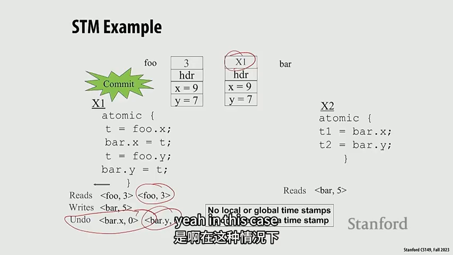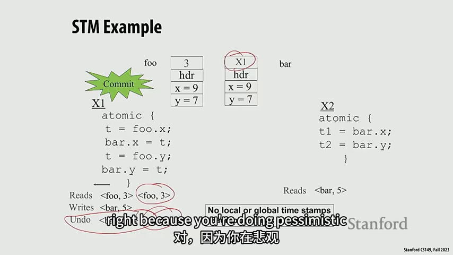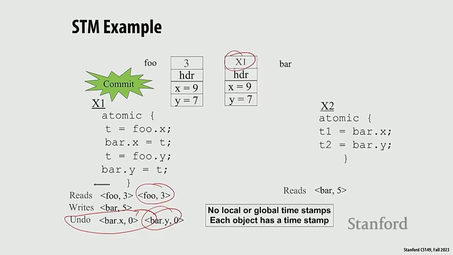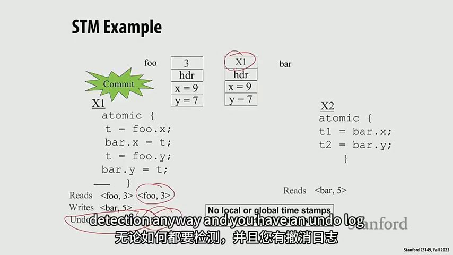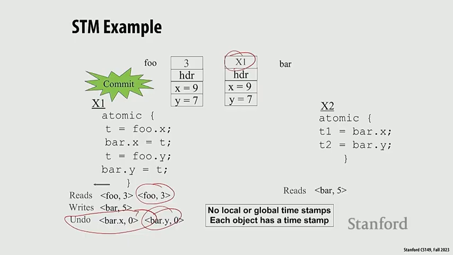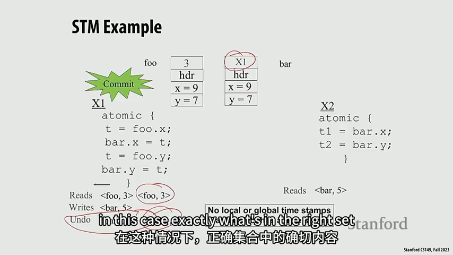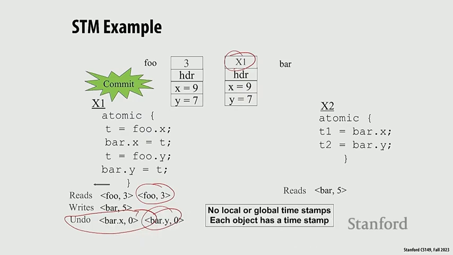Yeah, in this case, the write set isn't so important, right? Because you're doing pessimistic detection anyway, and you have an undo log, right? So figuring out, in this case, exactly what's in the write set isn't that important.